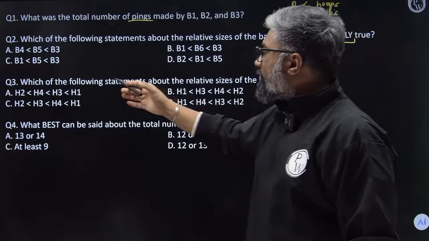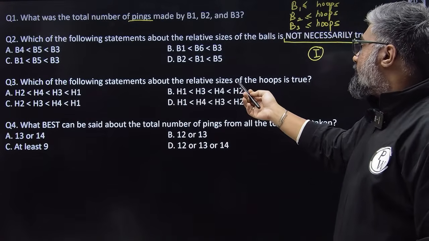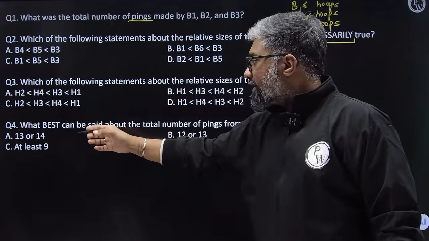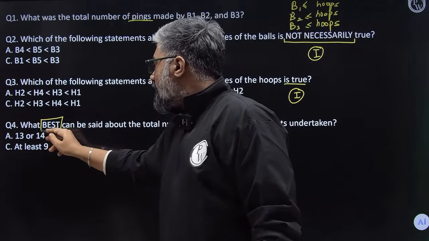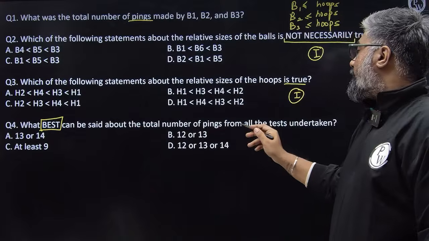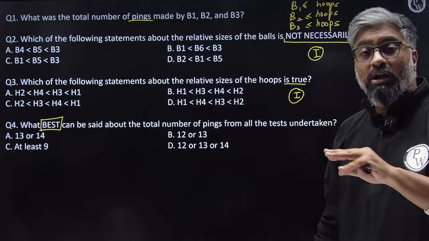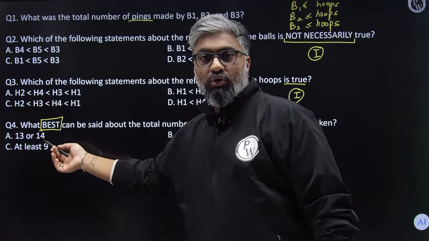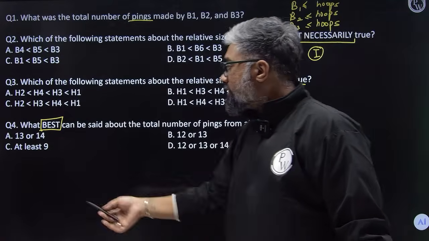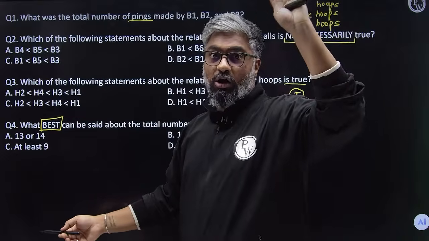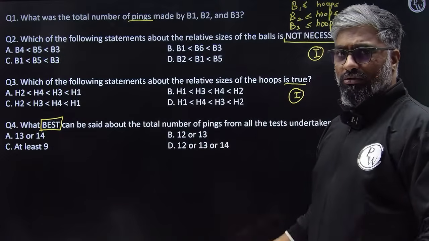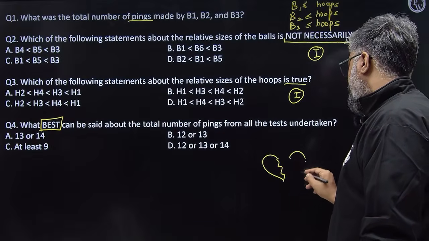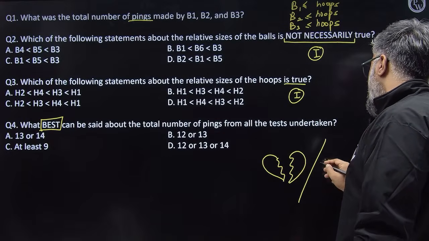Same way, which of the following statements about the relative sizes of the hoops is true? Indefinite again. And what best can be said about the total number of pings from all tests undertaken? So all 6 balls, how many total pings? 2 cases, 2 cases, at least 9 would mean a lot of cases. So we know for sure that there will be multiple cases, correct?